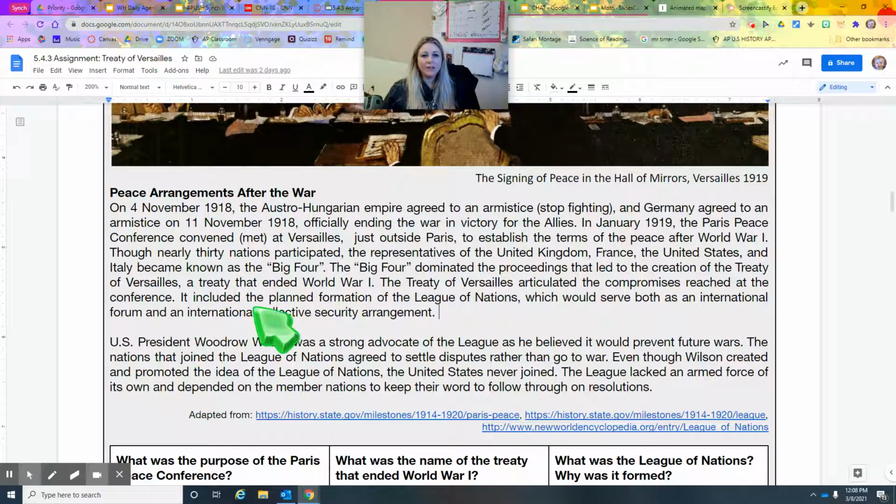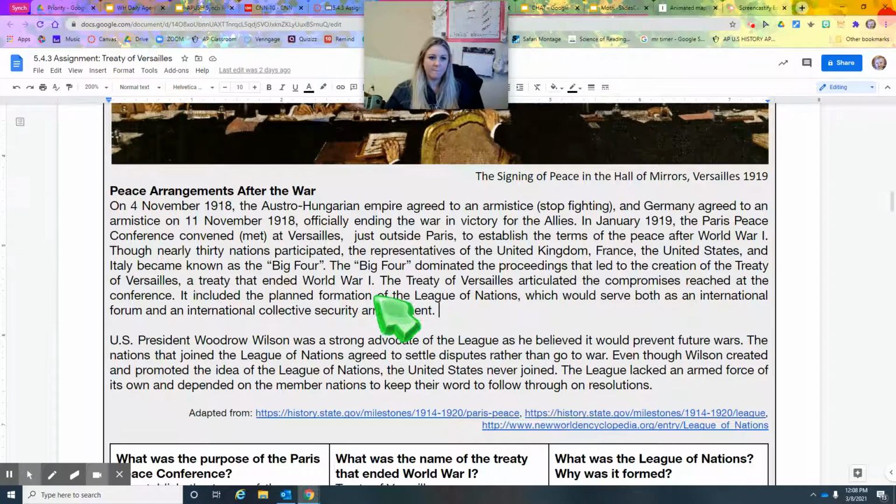It included the planned formation of the League of Nations, which would serve both as an international forum and an international collective security arrangement. So a place where you can discuss what's going on internationally, and a security arrangement to help police the world as a whole.